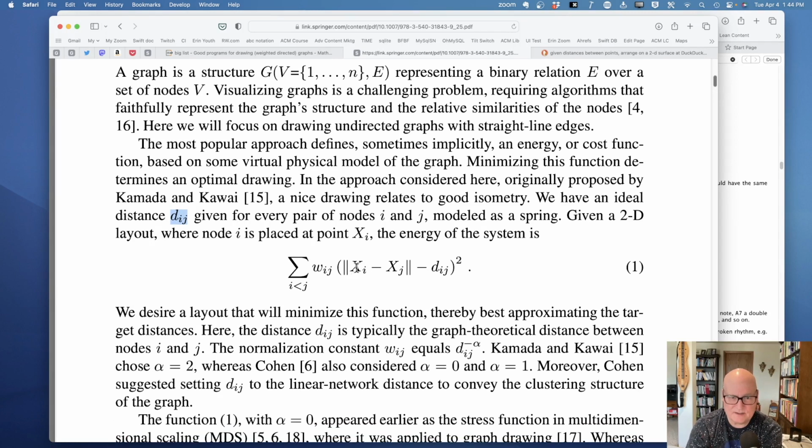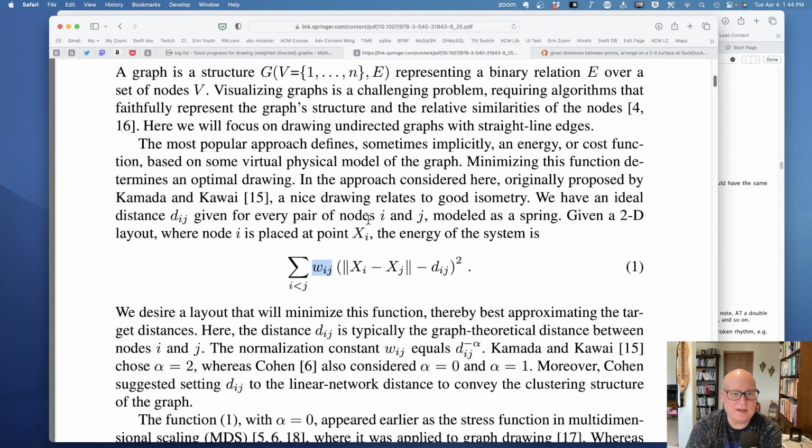And this is the distance between these 2 points drawn on the page versus the ideal distance, and then we square it, okay? So if that were negative, it would turn positive, and we add a little bit of a sort of cost, kind of a quadratic shape to it, so it's not a strict linear kind of thing. Okay, then we have this wij.